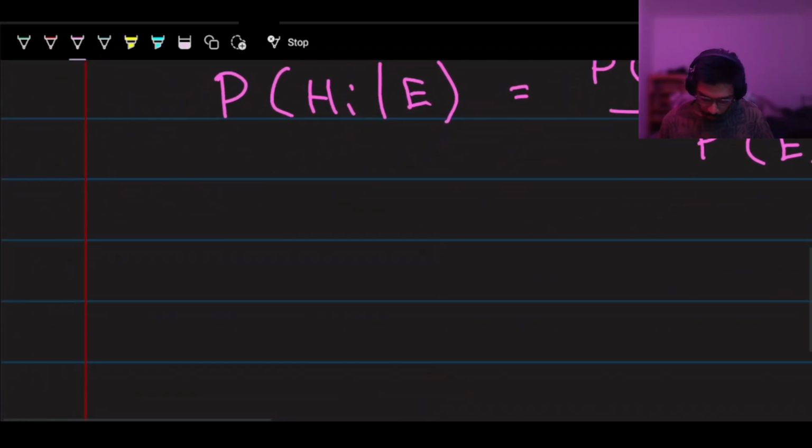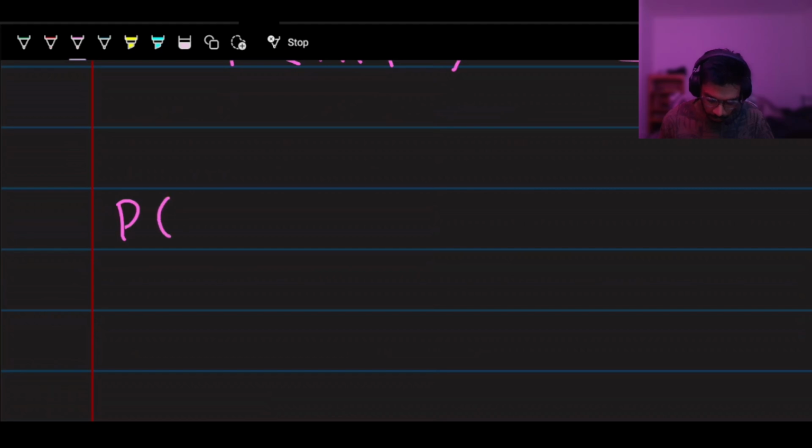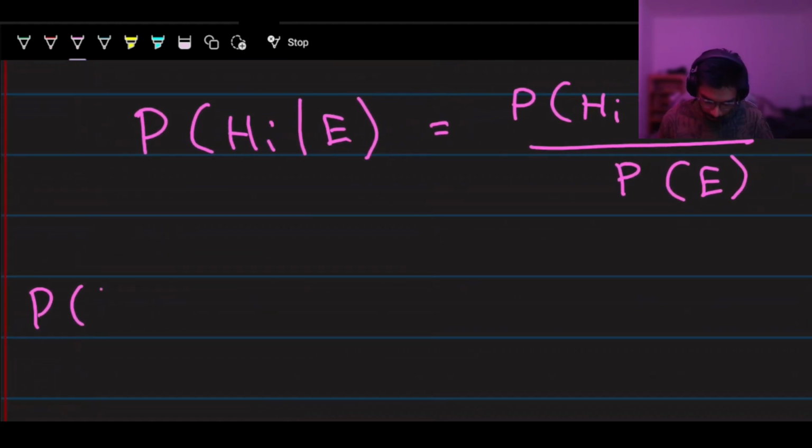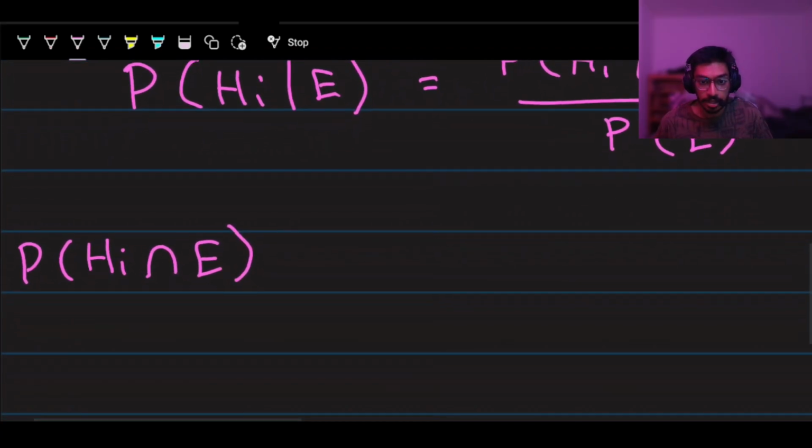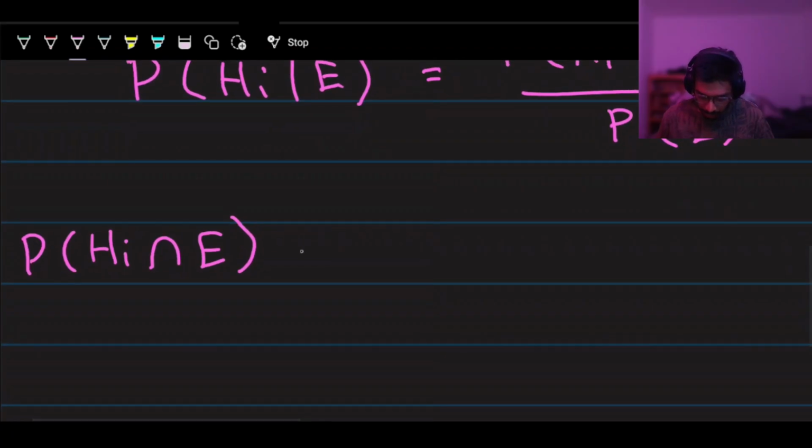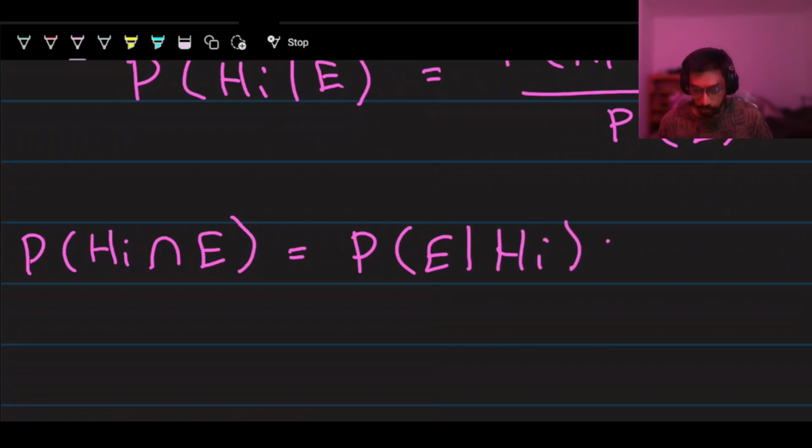And now let's just work with the numerator. So the joint probability of the ith hypothesis and our evidence is the same as the probability of our evidence given the ith hypothesis times the probability of the ith hypothesis.